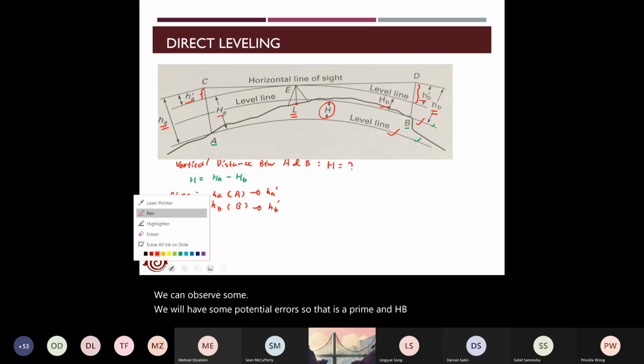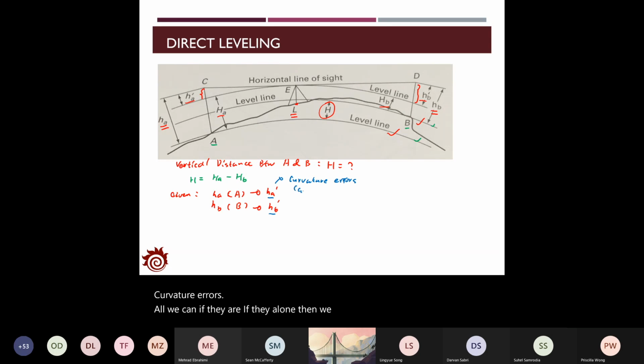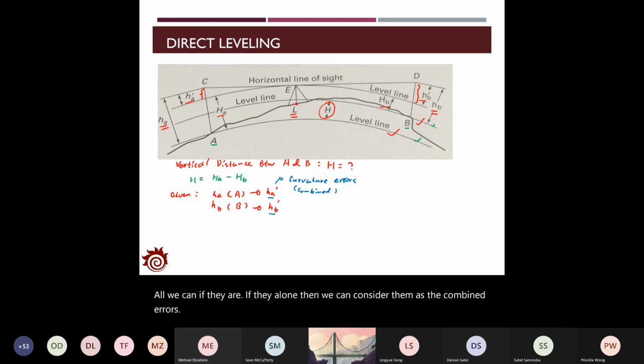These two are the curvature errors. If they are long, then we can consider them as the combined errors. If they are short, we just need to think about the curvature errors.